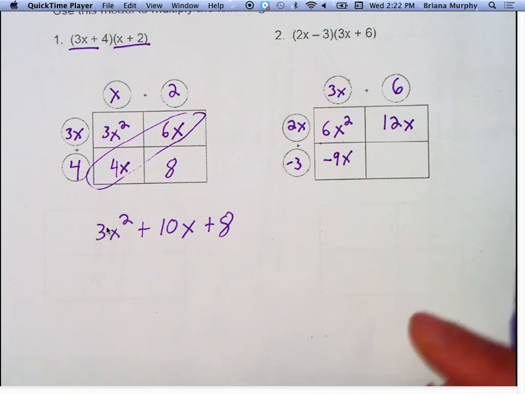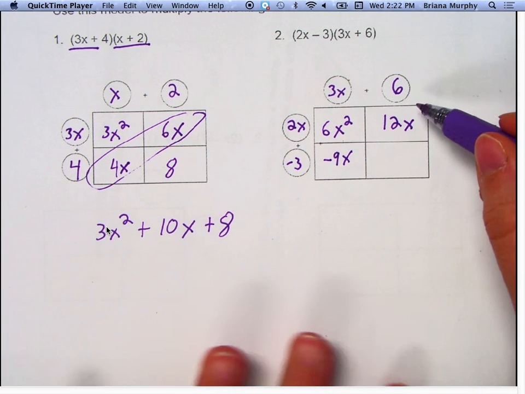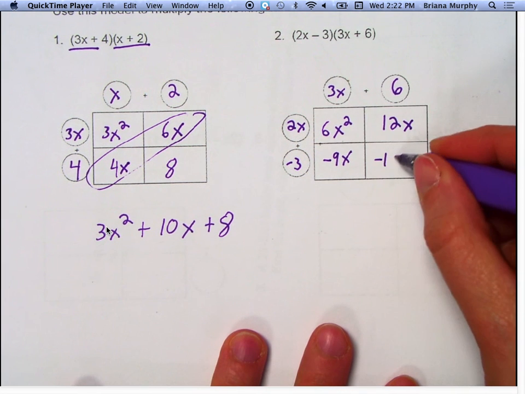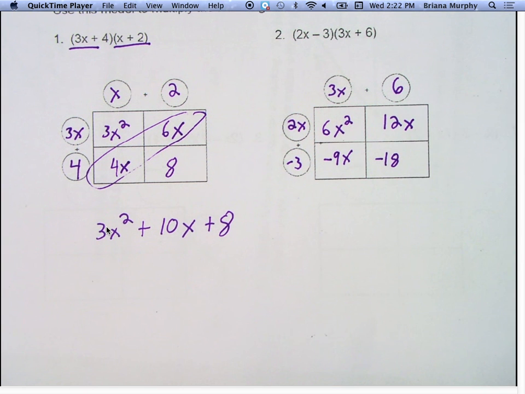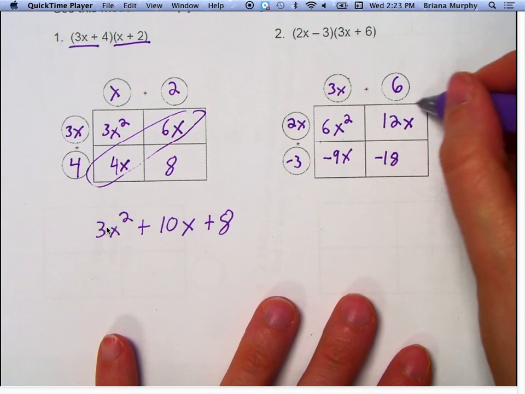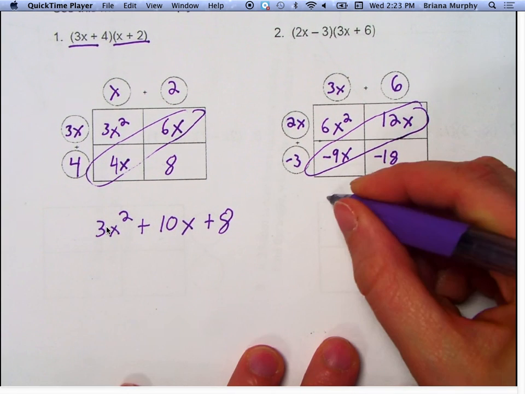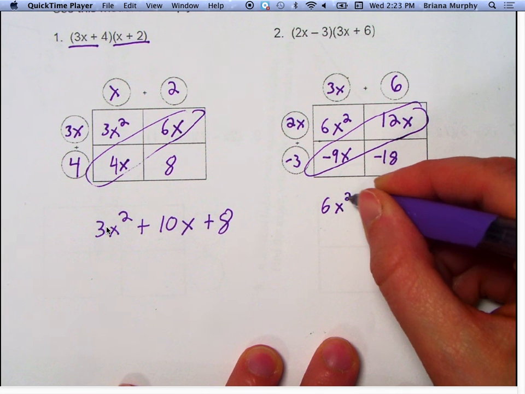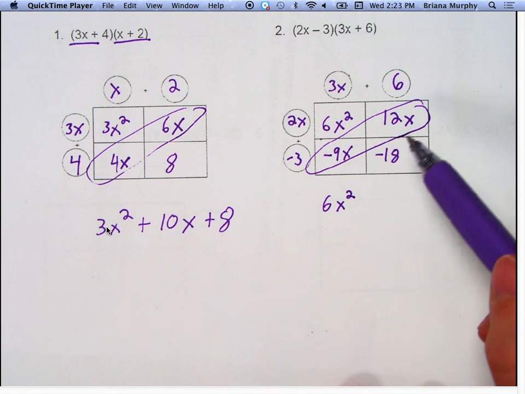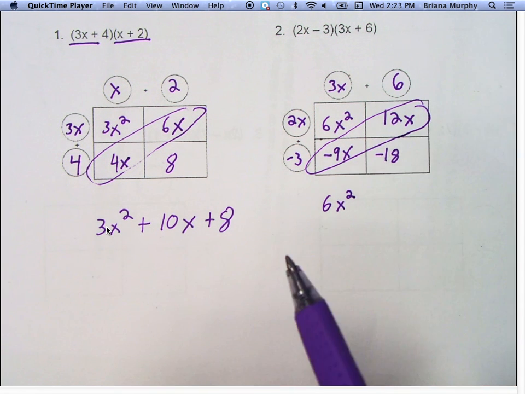Multiply, don't add. Negative 3 times 6 is negative 18. Laura, what 2 things can I put together because they're like terms? So I'm going to put 6x squared first because it's the biggest degree. What's 12x and negative 9x together? 3x.